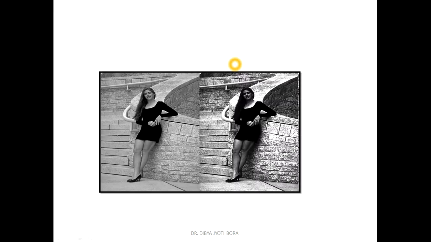Let me show you through an image. This is the original image. In the last practical, I was using this girl image. After histogram equalization, you see this image we got.